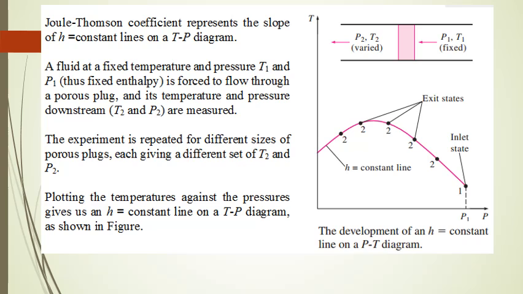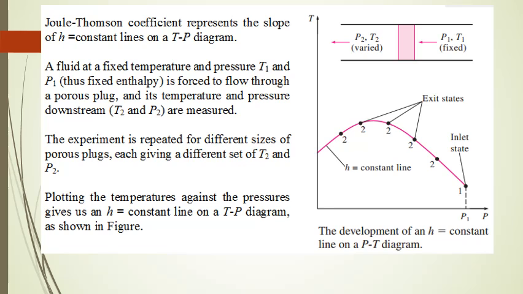If we look carefully at the defining equation, we come to know that the Joule-Thomson coefficient represents the slope of constant enthalpy lines on a TP diagram. Such diagrams can be easily constructed from temperature and pressure measurements alone during throttling processes. A fluid at fixed temperature and pressure T1 and P1, thus fixed enthalpy, is forced to flow through a porous plug, and its temperature and pressure downstream, T2 and P2, are measured.